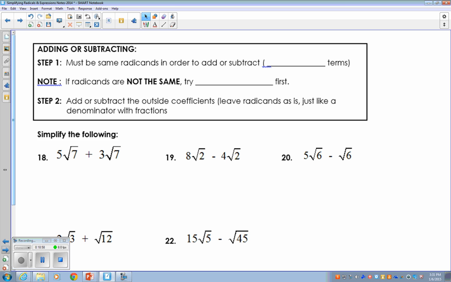If the radicands are not the same, then try to simplify them first. Add and subtract the outside coefficients, leave the radicand as is. Just like dealing with denominators with fractions, only add what's on the outside, keep what's on the inside.